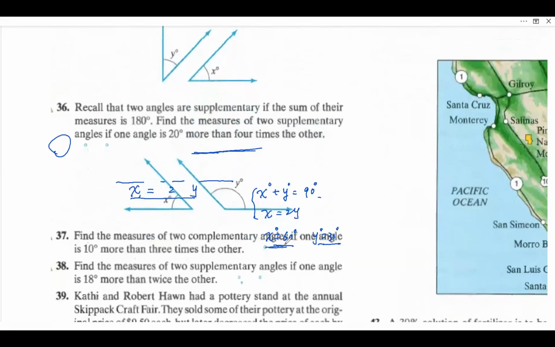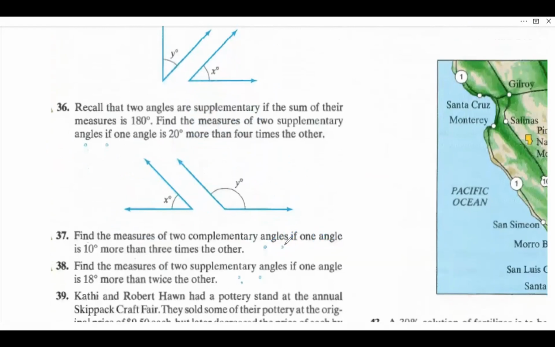This is similar, about geometry. This question is about two angles that are supplementary. What is supplementary? It means the sum of these two angles is 180 degrees. The earlier one, complementary, is 90. Here it is supplementary, so it would be 180, right? So x degrees plus y degrees equal 180.